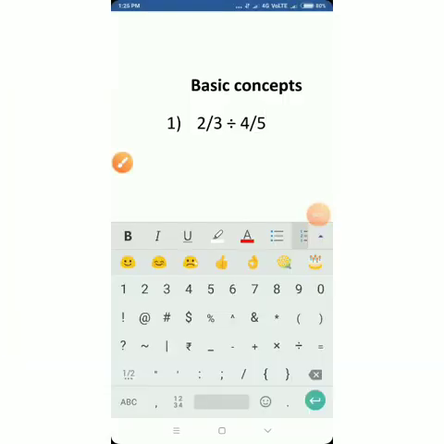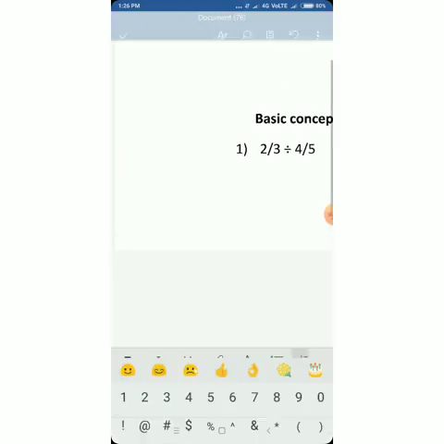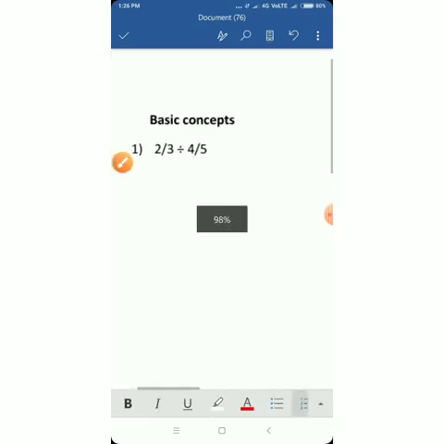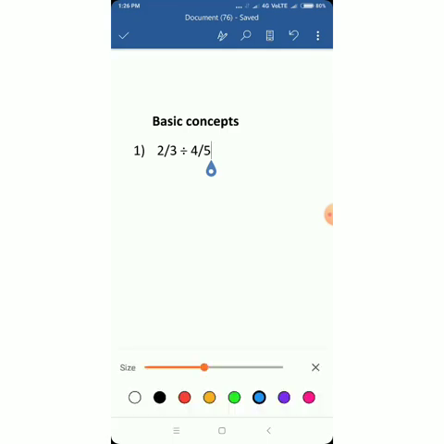Hello everyone. So today we will solve one more question based on fractional values. Now as you can see, a division sign is there. Two fractional values are written and in between a division sign is there.